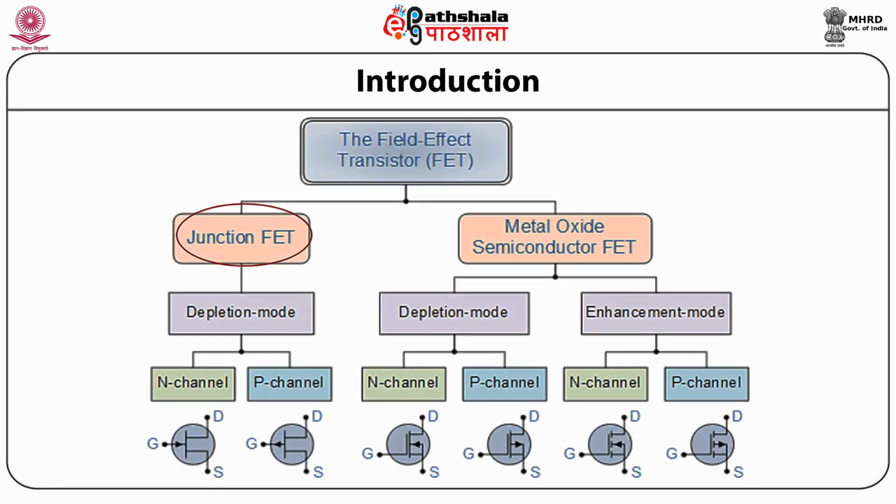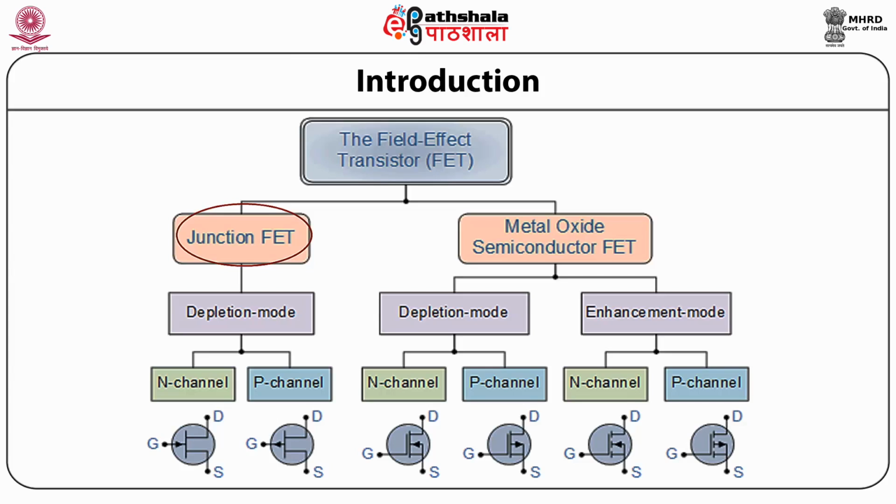So for the field effect transistor FET, there are two kinds: the junction FET and the metal oxide semiconductor FET. In this module we will be focusing on the junction FET, or JFET.